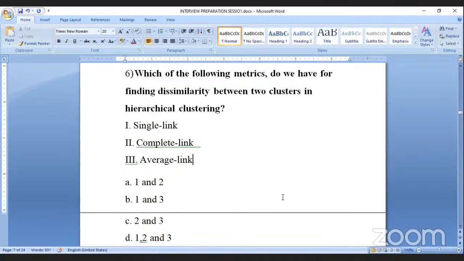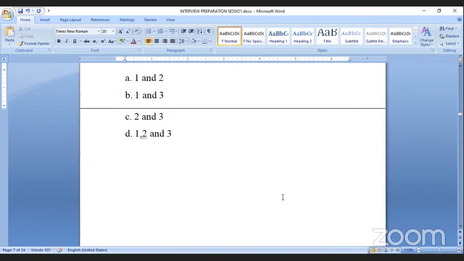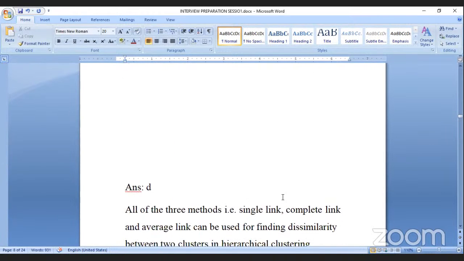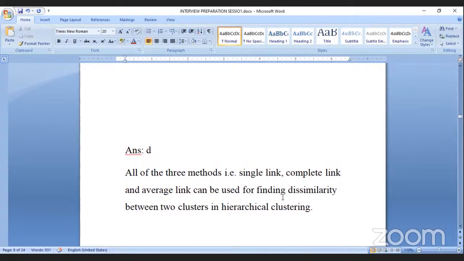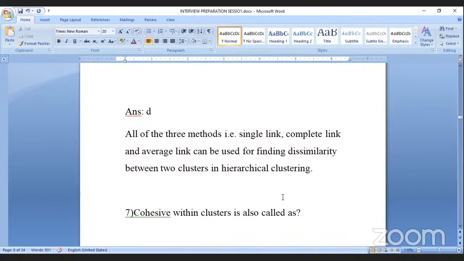Option C. Okay. We can move to the answers. Good try, friends. So the answer is option D. Many of the responses are D. Good, friends. All three methods are used for the dissimilarity between the two clusters. So option D is the answer, all of the methods, metrics.